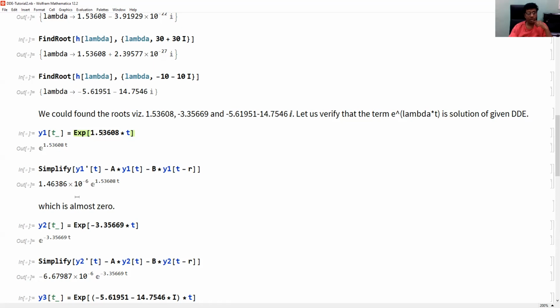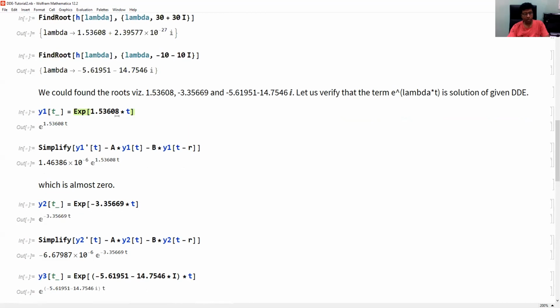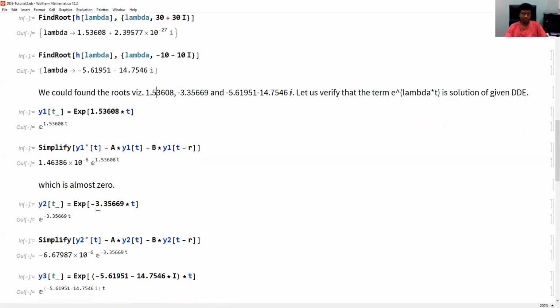So this is almost 0, which means y1 is a solution of the given DDE. Why is this error there? Because we are approximating. All these are irrational numbers. This is a transcendental equation and we get irrational numbers as solutions, so such a very small error will always be there.